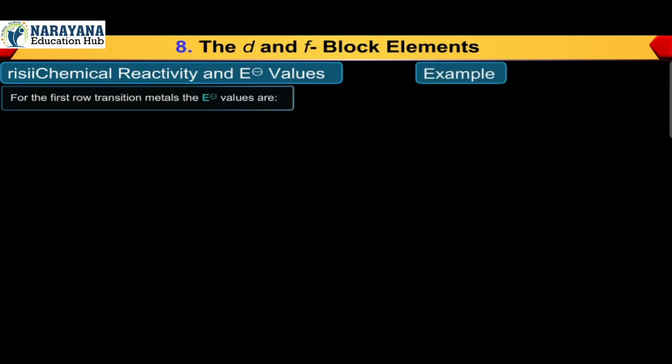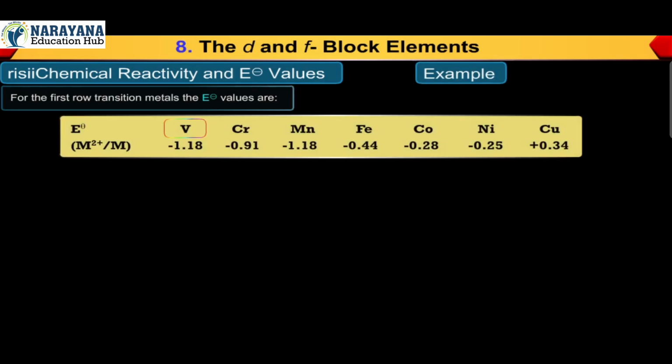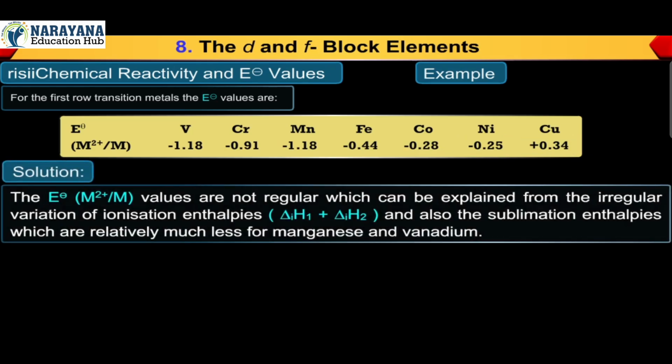Example: for the first row transition metals, the E standard values for M2+/M are: vanadium -1.18, chromium -0.91, manganese -1.18, iron -0.44, cobalt -0.28, nickel -0.25, copper plus 0.34.